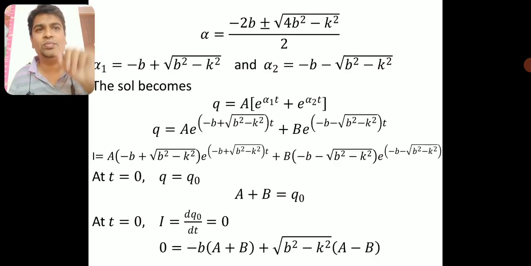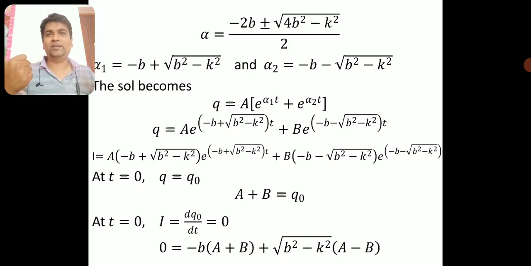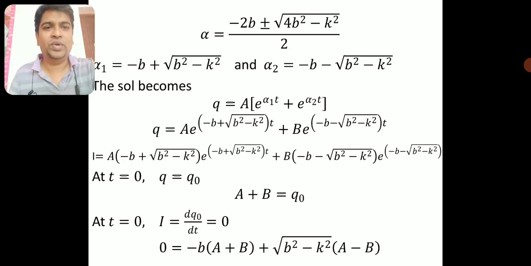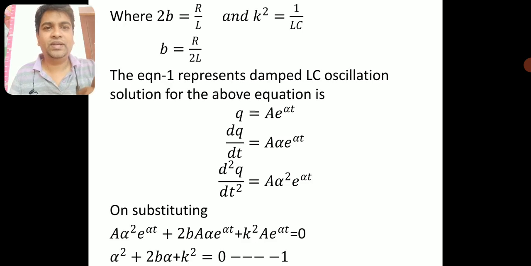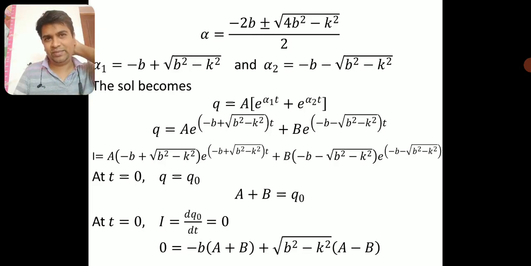So minus 2b plus or minus root of b square. b is 2b here, so b square is 2b square, which is 4b square, minus 4ac. a is 1, 4 into a into 1. Okay, k square. Instead it has to be 4k square. Please make the correction and make it 4k square.